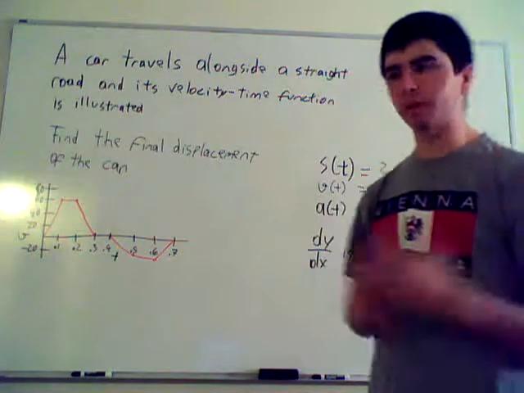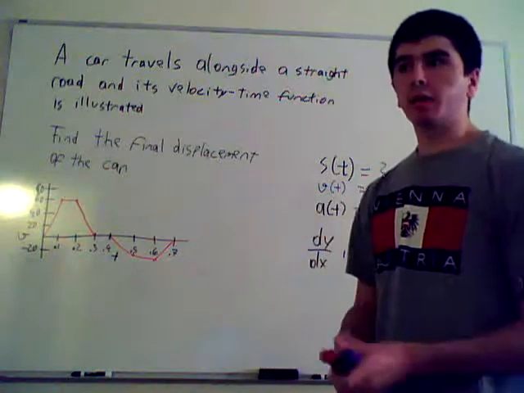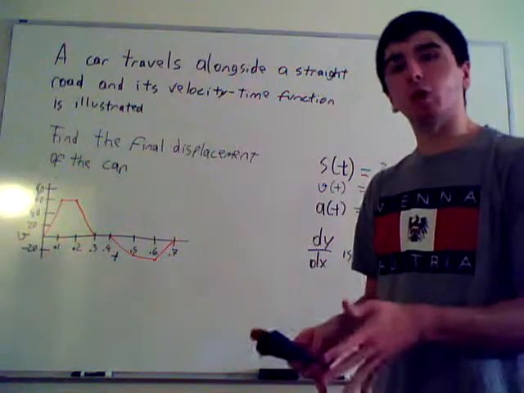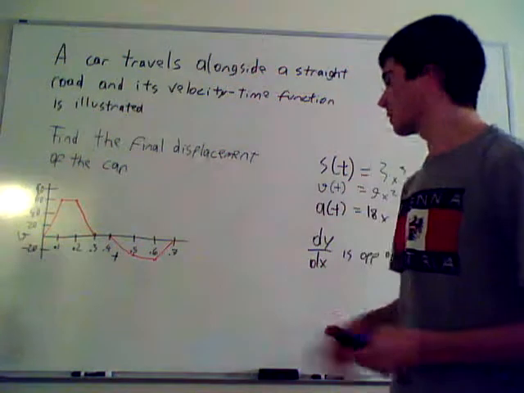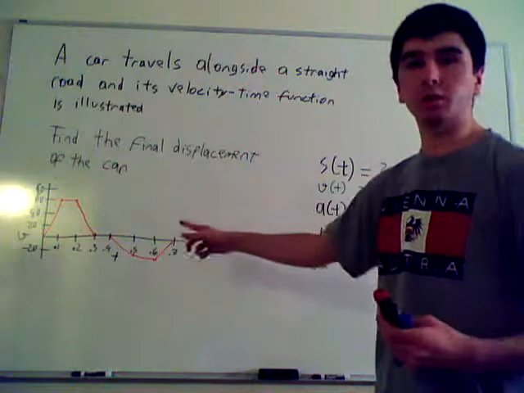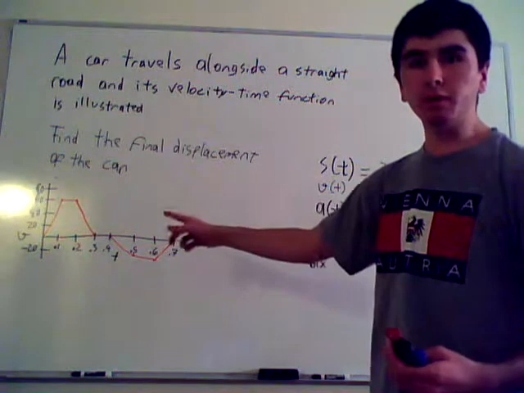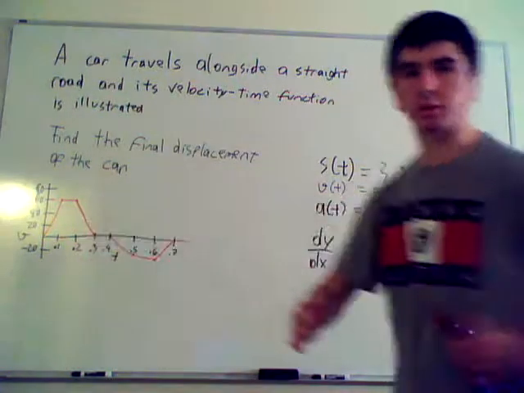You were taking the derivative to find the slope. Now, for integrals, the function that you have is the slope of the function you want to find. So you're taking a step back in a way. And how you do that is you find the area under the curve. If you take the derivative, you go one step forward. If you take the integral, you go one step backward.